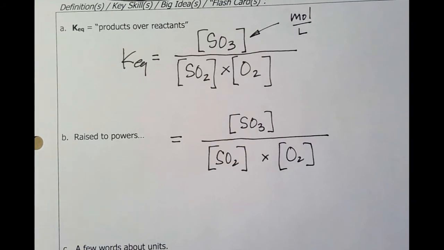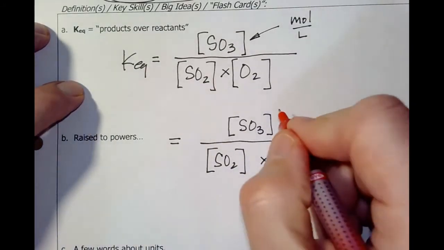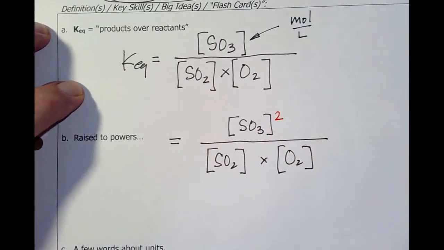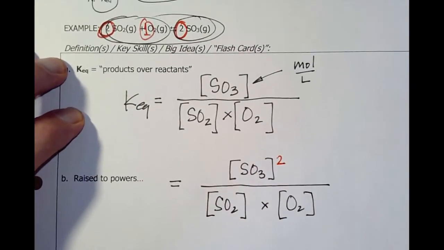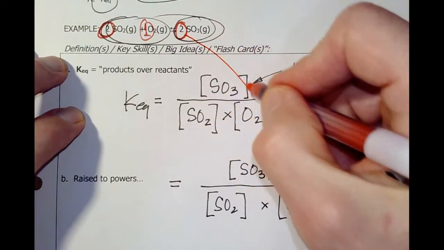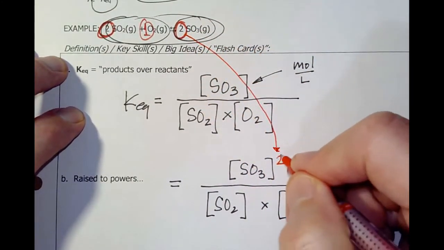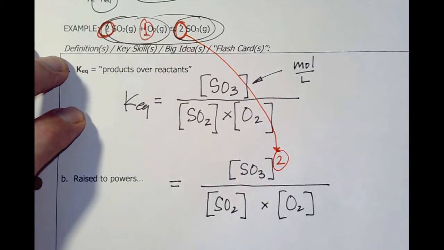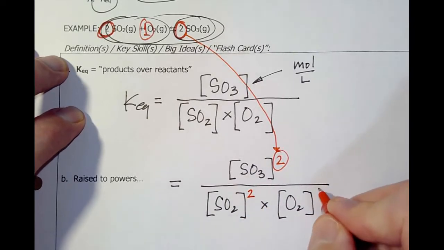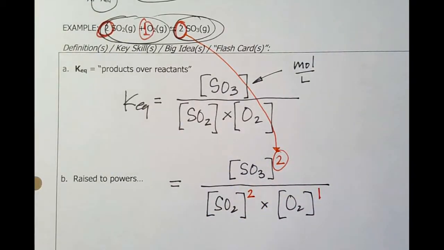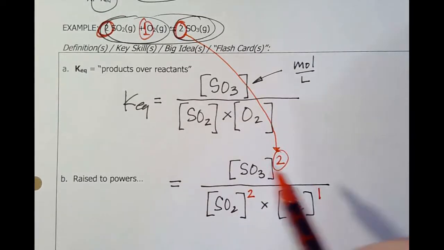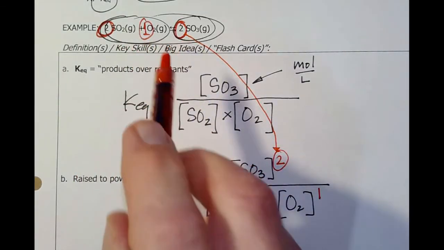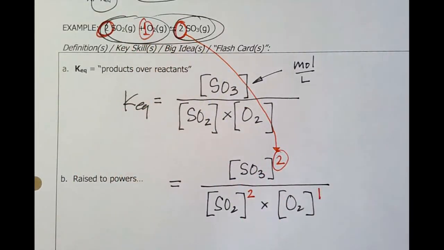And to make this math actually work, I'm going to put a 2 right there. Look at this. 2. Guess what I'm going to put here? 2. Oxygen, we don't have to write a 1. But all I'm doing is taking the coefficients from the balanced chemical equation, and they plug in right there.